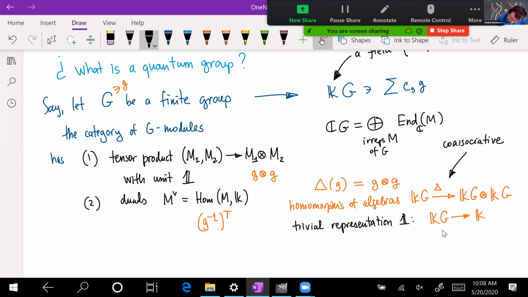This is called the co-unit. We had an algebra with unit, and unit means a map from the field to your algebra. But this plays the opposite role.